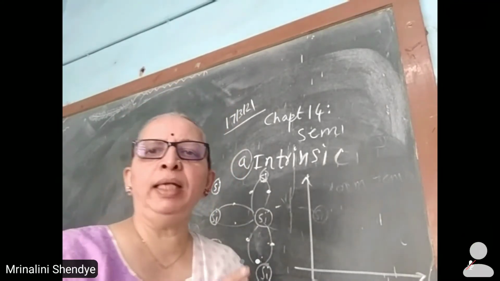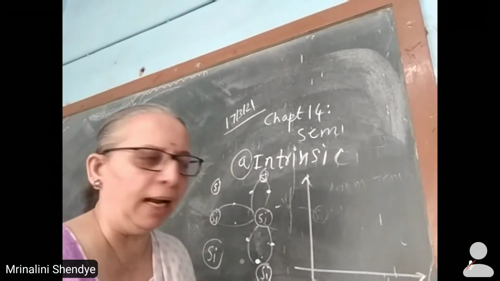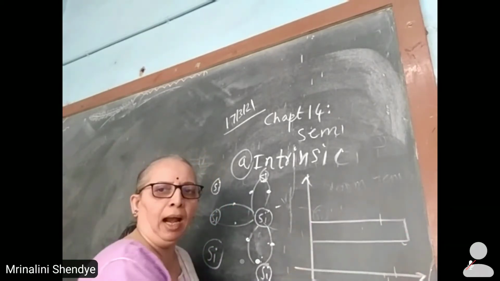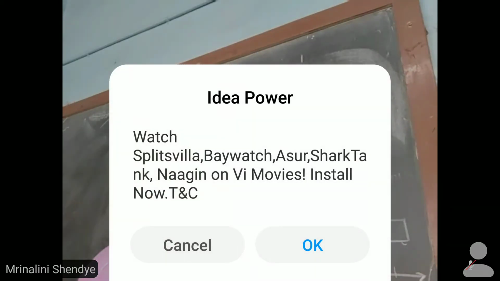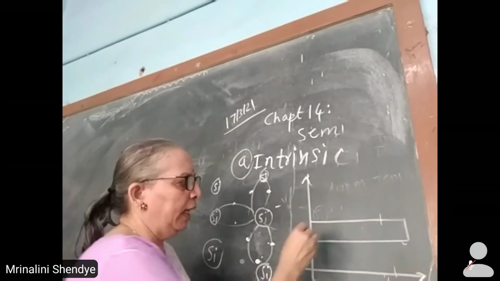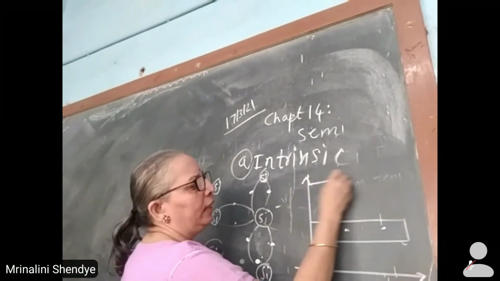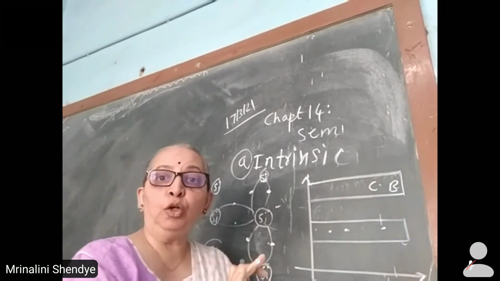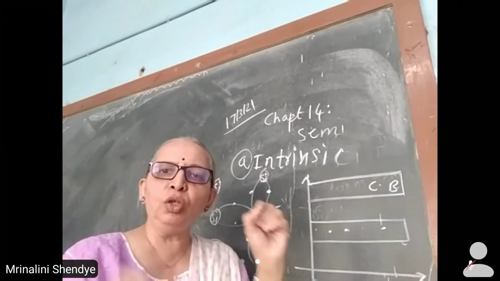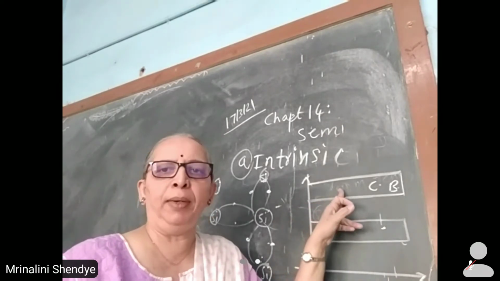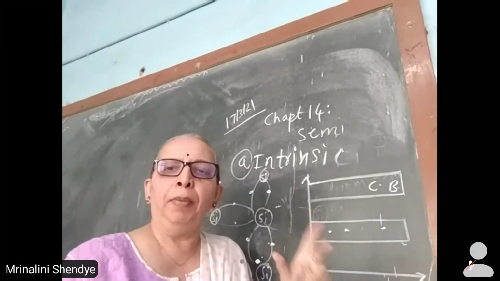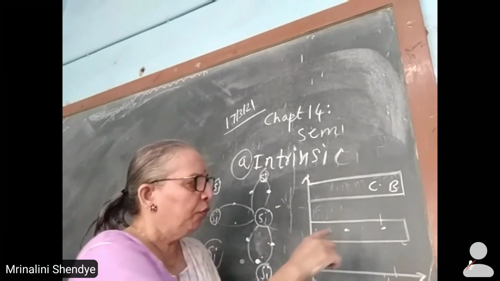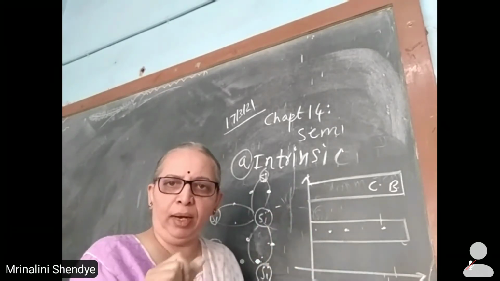So with the energy level diagram, the valence band at absolute zero is completely filled and the conduction band is totally empty. No single electron is available for conduction. But at room temperature, due to thermal agitation, a few electrons receive energy.